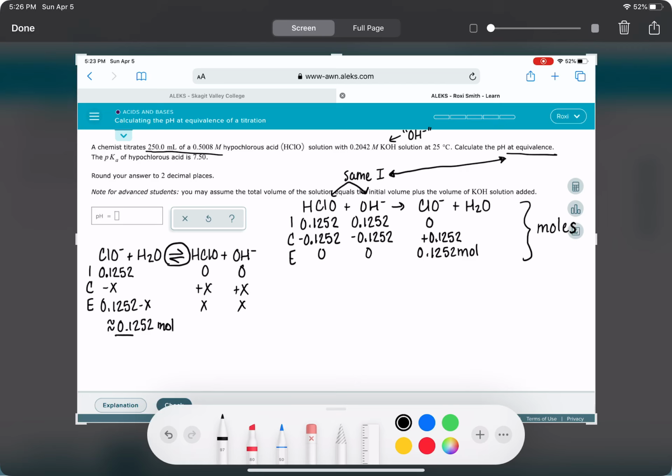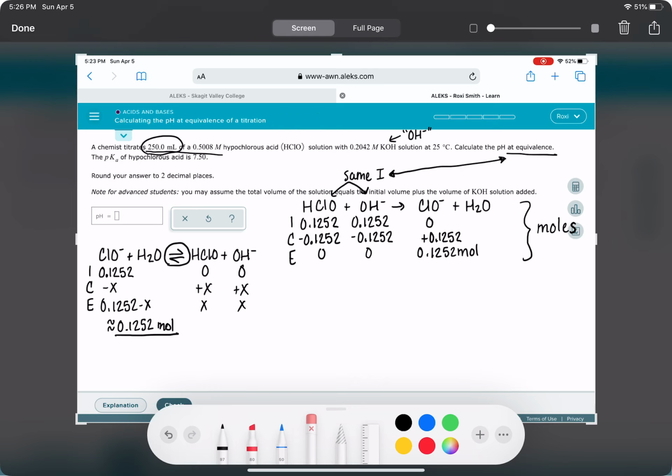So before I forget, we better divide that by our total volume and figure out what the molarity is. Our total volume is 0.25 liters. That's this one right here. Plus the volume of the hydroxide. Got to find a place to calculate that.